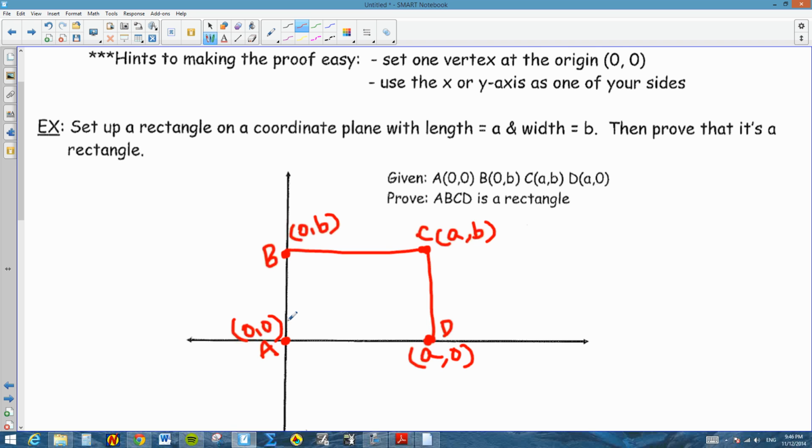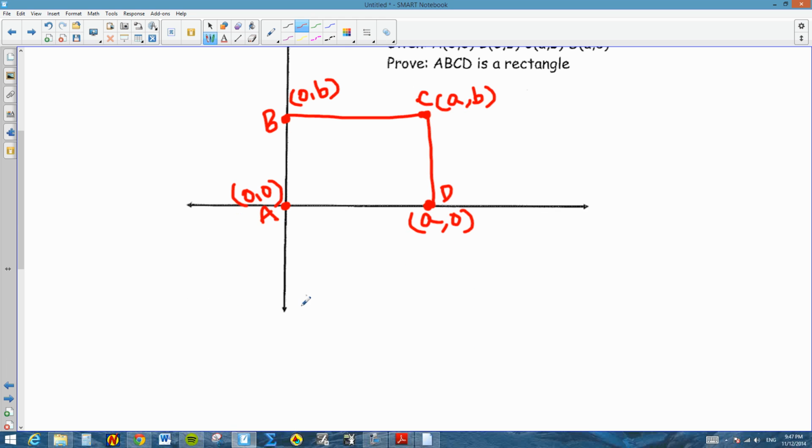And then you have to prove the slope of this line and the slope of that line are actually 90 degrees apart. So the slopes will be opposite reciprocals. So you need to use the formula to find two lengths here and see if they are equal, and two lengths here and see if they are equal. And then you prove these two lines are perpendicular. That's what you need to do.